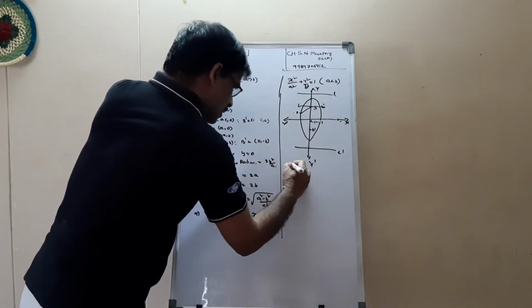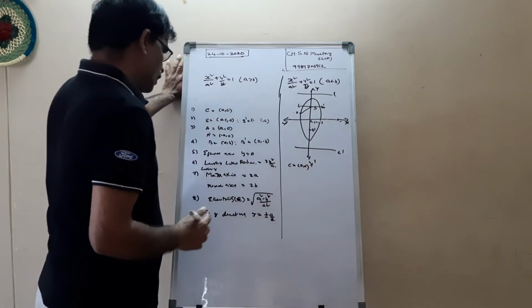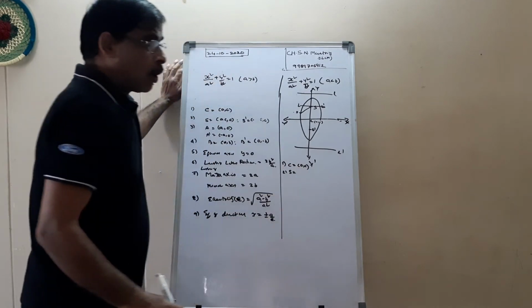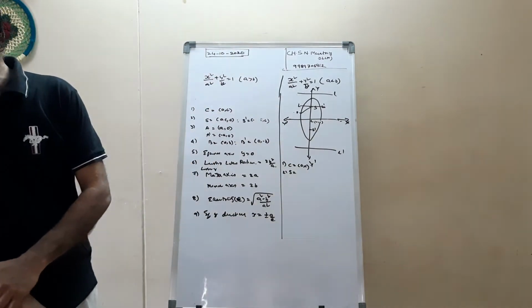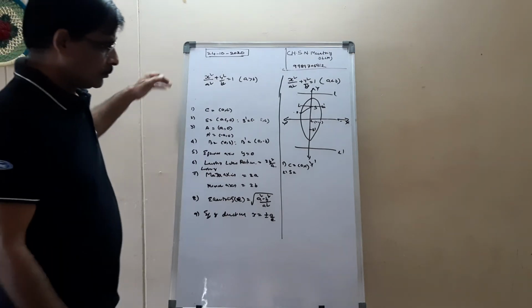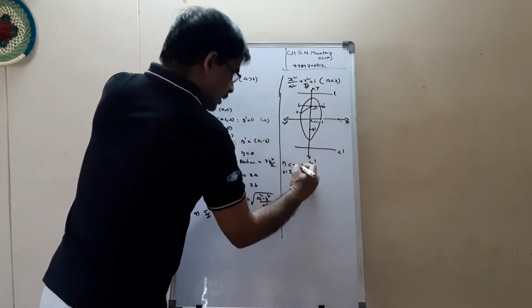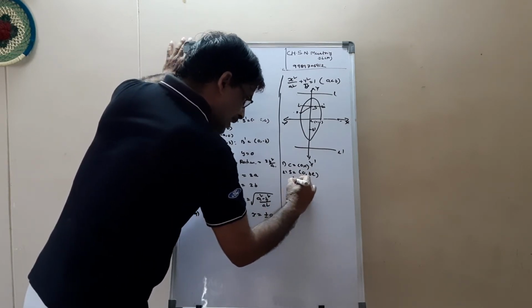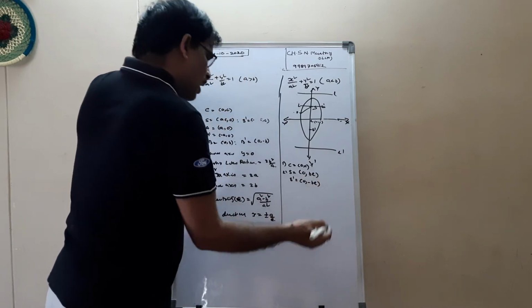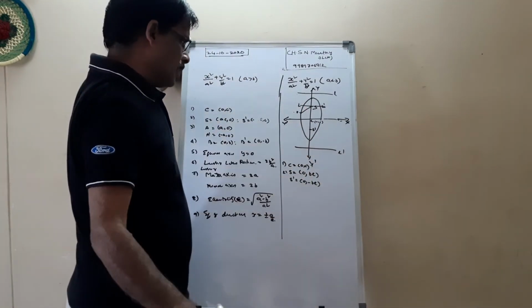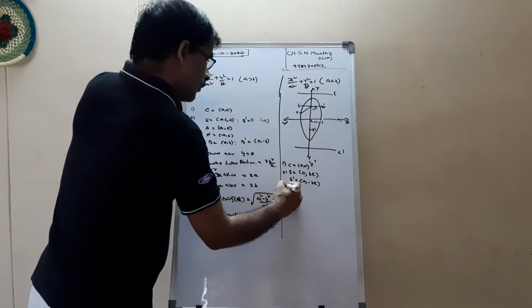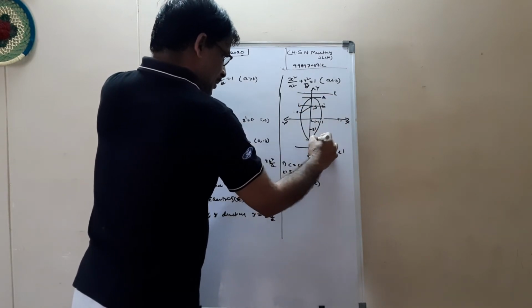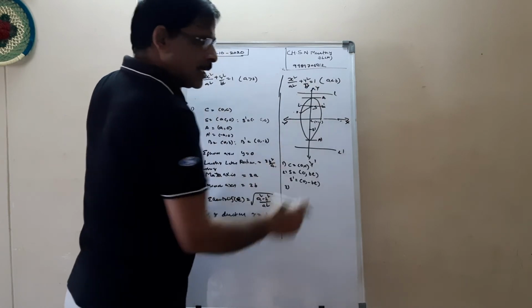See, you write all one by one here. Center 0, 0. Next, what are the foci of these two? The x coordinate is 0, y coordinate b, or S dash equal to 0, minus b, or you can write directly plus or minus b. Next, the vertices, A and A dash, or B and B dash, whatever it is.